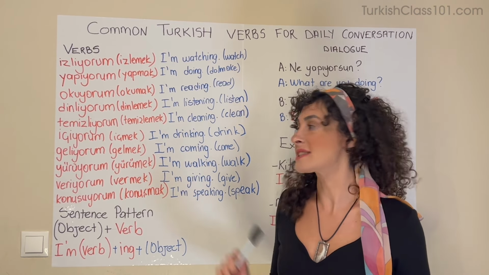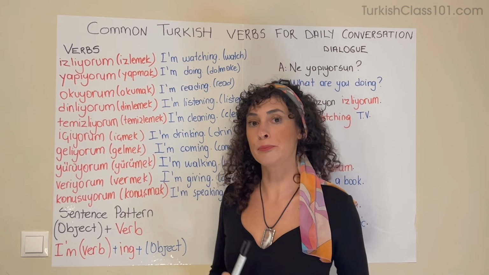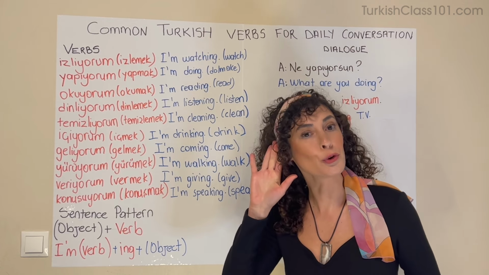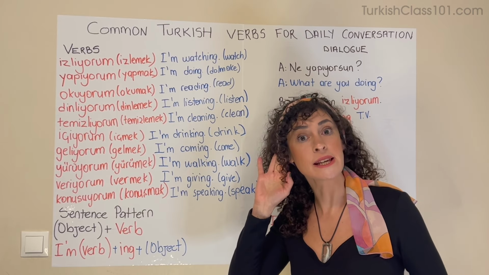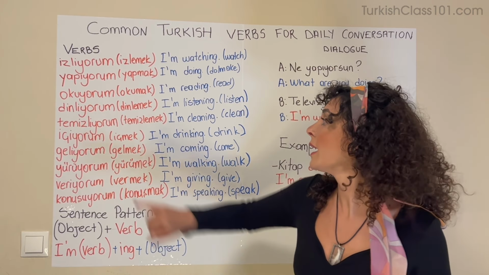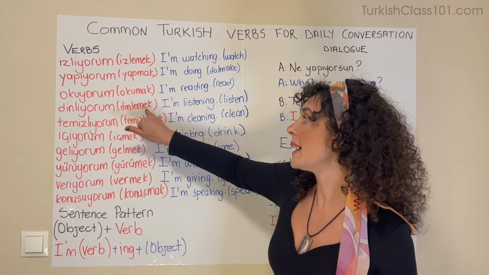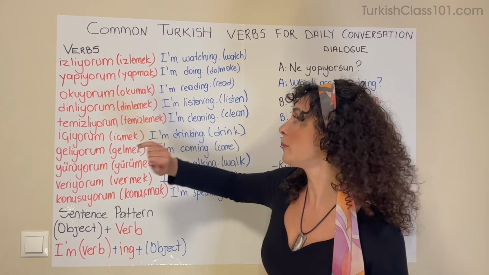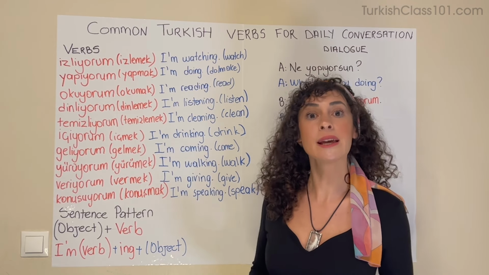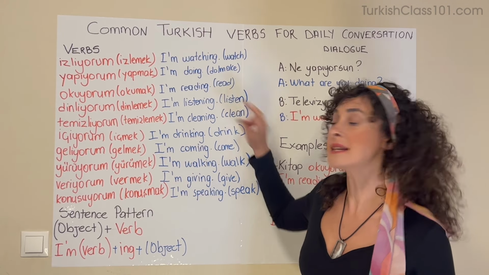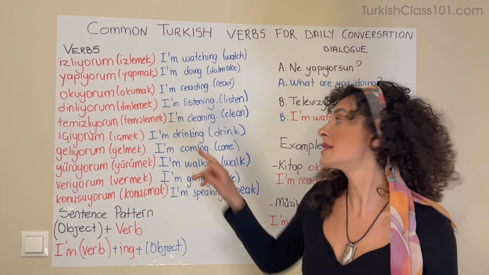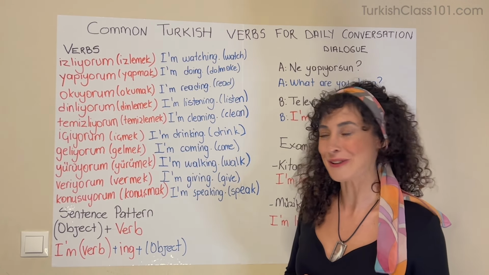Let's look at the other example. Dinliyorum. I'm listening. Again, we have mek at the end of the dictionary form. Dinlemek. Listen. The mek, you have to take it out, okay?